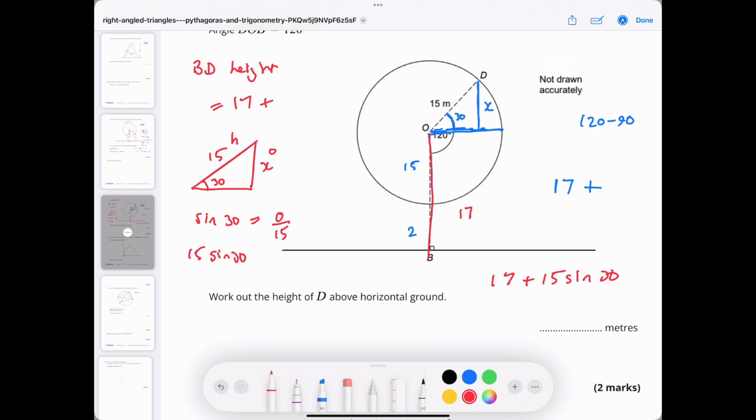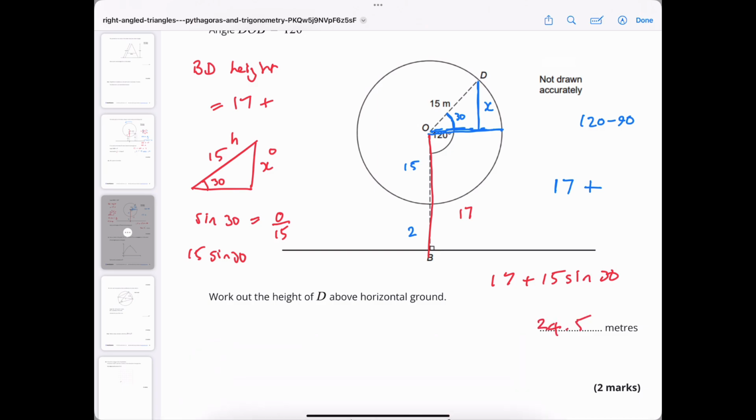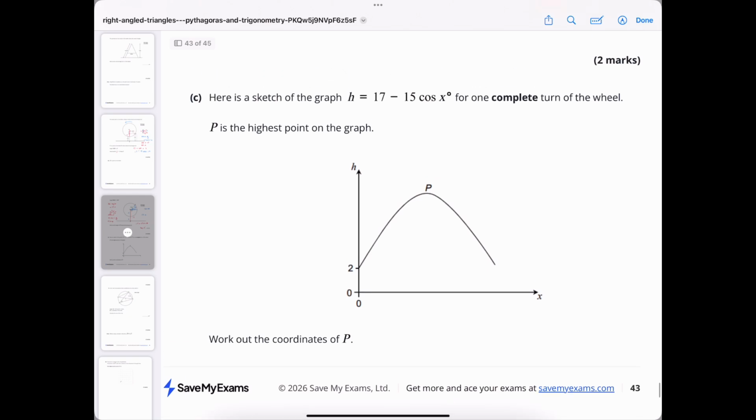Actually we could have used the double angle formula, but we're not going to. 15 sine 30, oh, that's half, so it's 7.5. So that should equal 22.5. Or no, 24.5. There we go, 24.5.